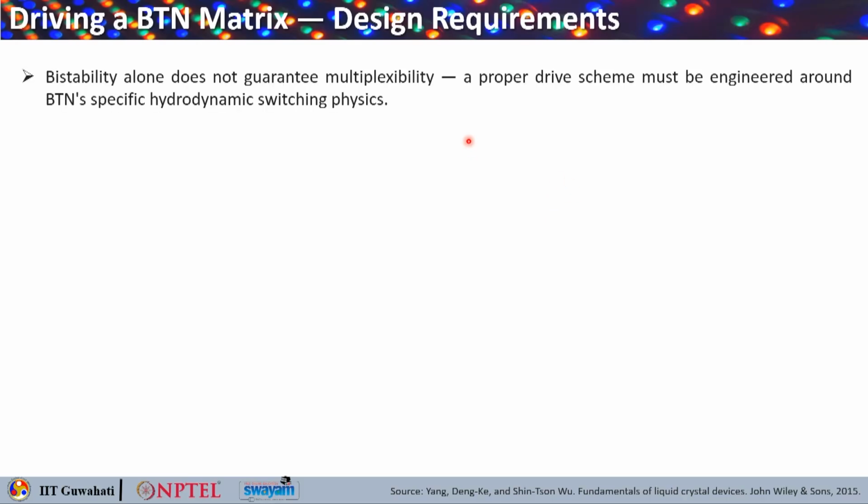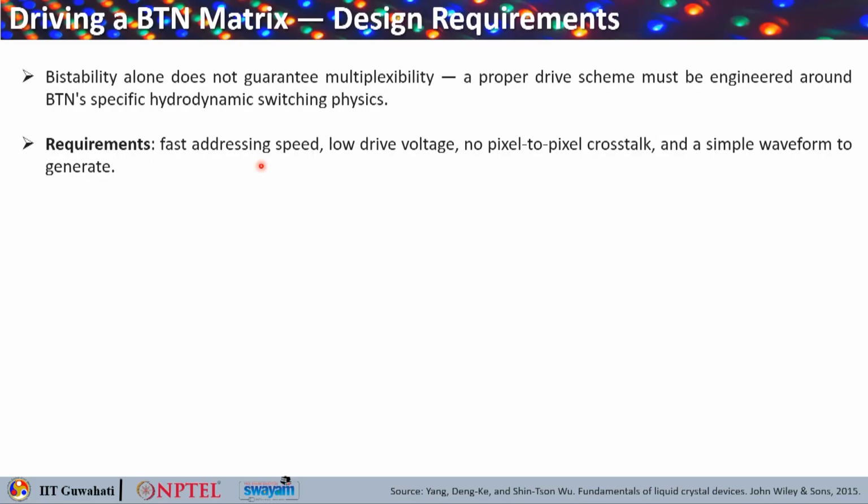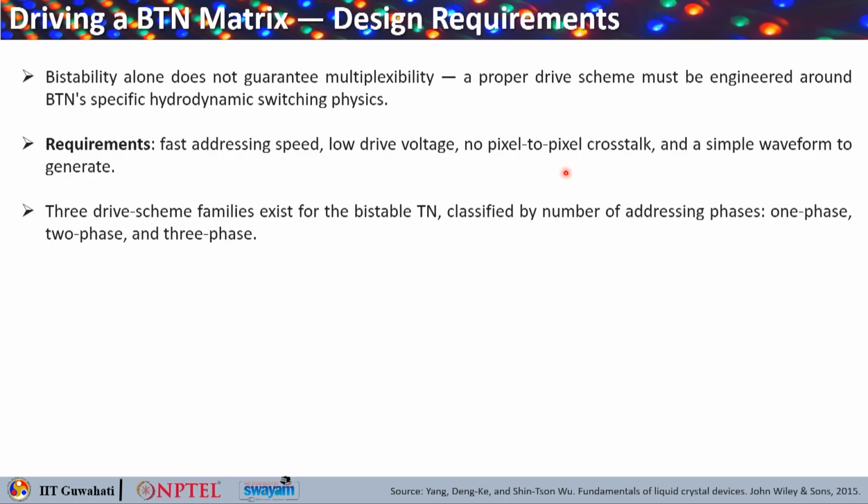Now the question comes, how do you drive a BTN matrix and what are the design requirements for that? You can see that bistability alone does not guarantee multiplexibility. So you require a proper drive scheme that needs to be engineered around the BTN specific hydrodynamic switching physics. The requirement is very straightforward. You require first addressing speed, low drive voltage, no pixel to pixel crosstalk, and a simple waveform to generate.